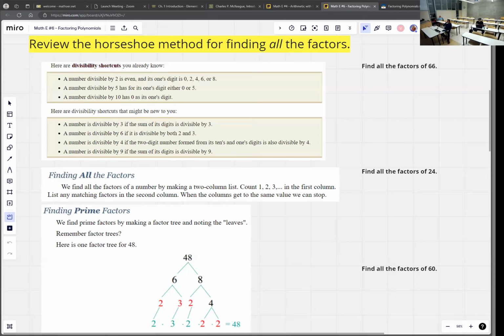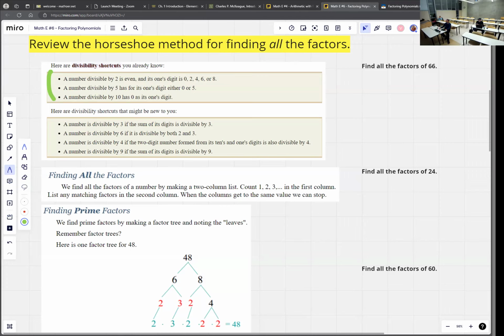Up at the top in these two brown boxes are lists of divisibility rules. If you are like most math students, then you have familiarity with the top three.